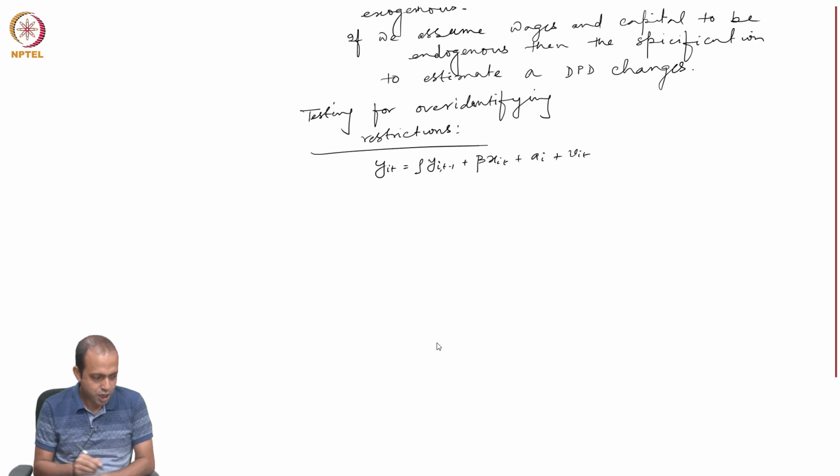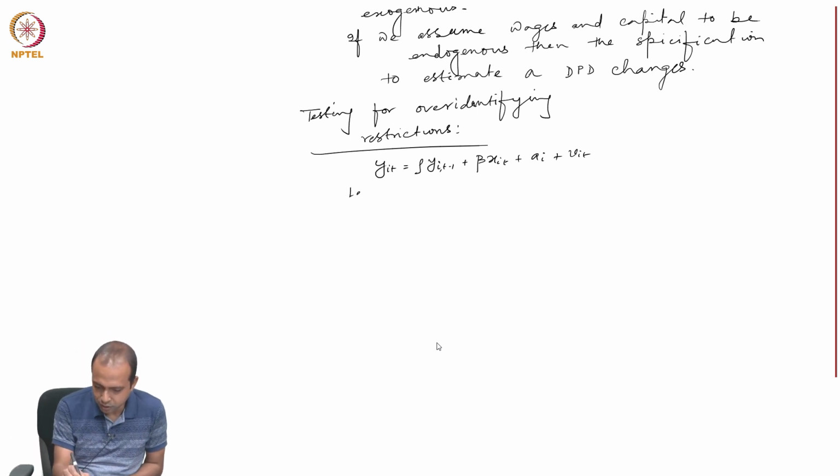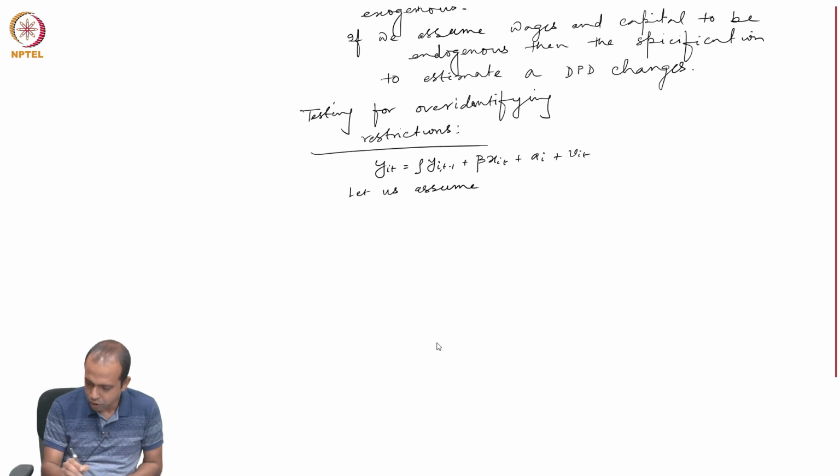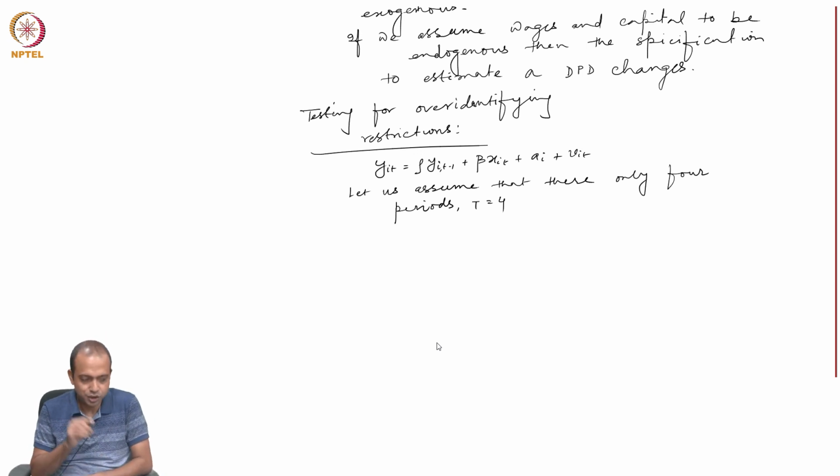This is our model, and let us assume that there are only 4 periods. That means T equals 4 in this panel. Okay, T equals 4.